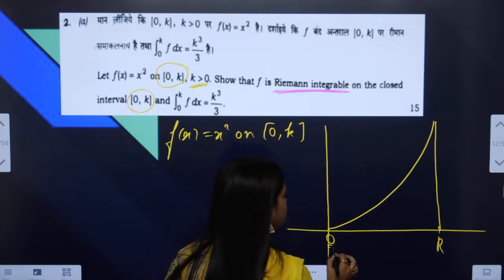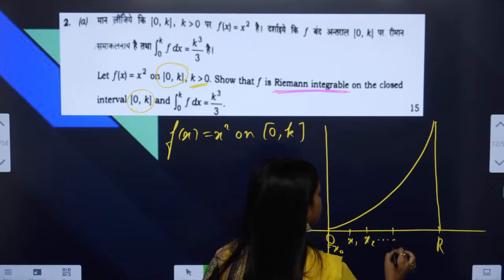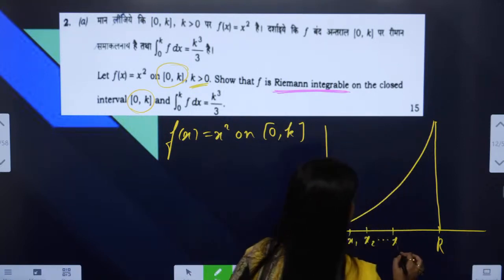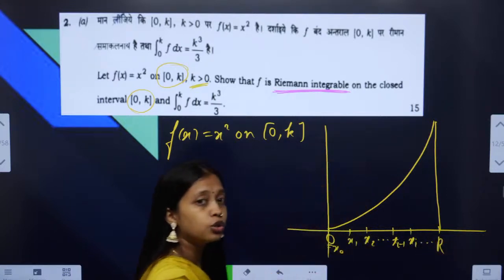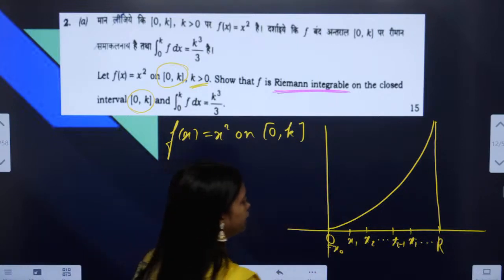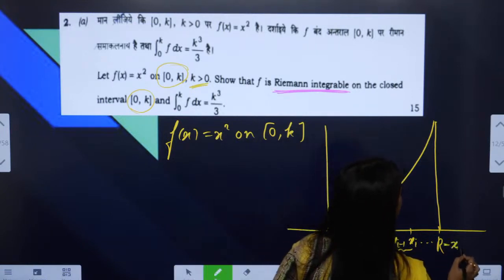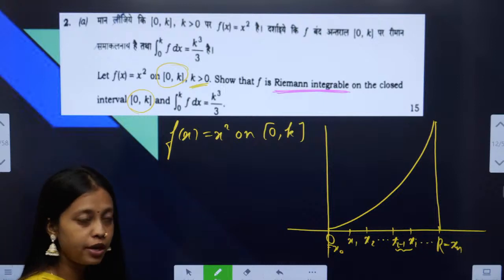So, let us make a partition x naught, x1, x2 and so on. This is x i minus 1, x i and so on. Okay. So, I will talk about the general subinterval. Over here, I take that to be n. So, I am taking a partition with n subintervals.